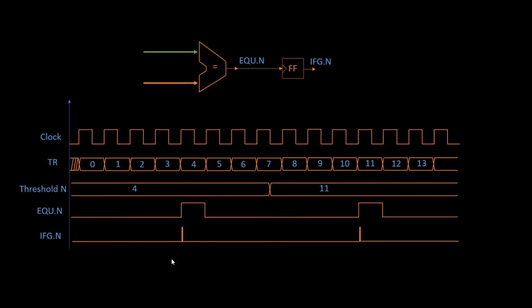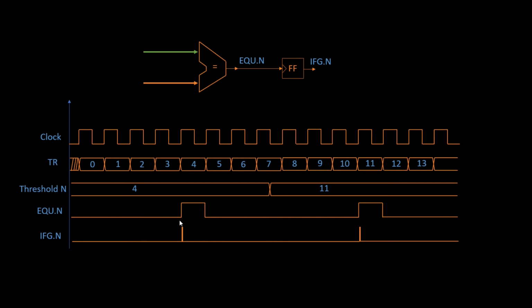So the interrupt flag, returning to our temporal diagram, will be set to 1 whenever this equal sign goes to 1, on the rising edge of the equal sign. But the processor is much faster than the timer, so it will clear the interrupt flag as soon as it has reached its value.